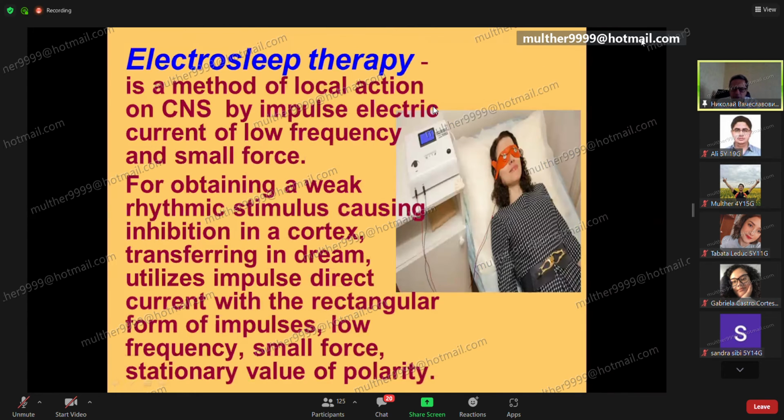One of the most popular methods of impulse current application is electrosleep or electrodream therapy.